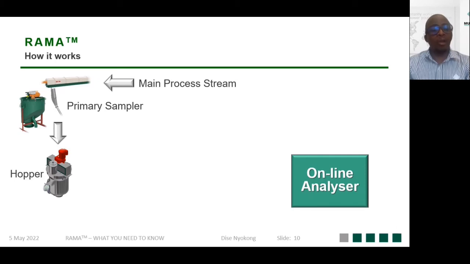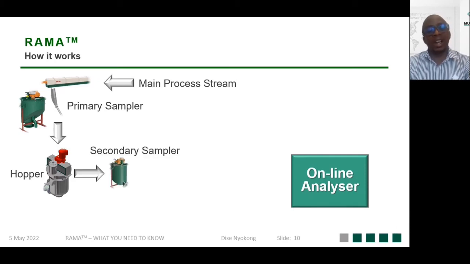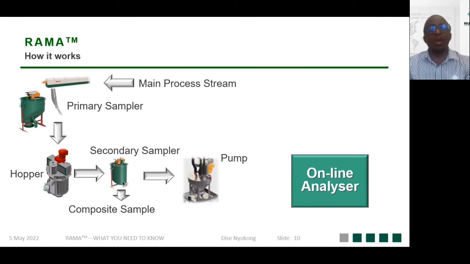Then from the hopper, these are fed into a secondary Vezin sampler, and that secondary Vezin sampler will produce a composite sample that can be used for metallurgical accounting, and the rejects from the secondary sampler will feed what we refer to as a sump pump that will then transport the rejects material to the analyzer, and then from the analyzer there will be a recycle back to the pump.